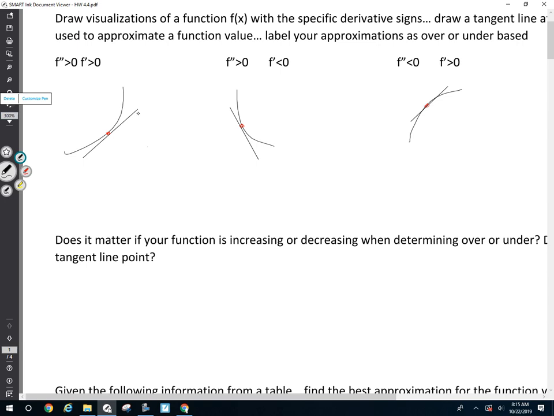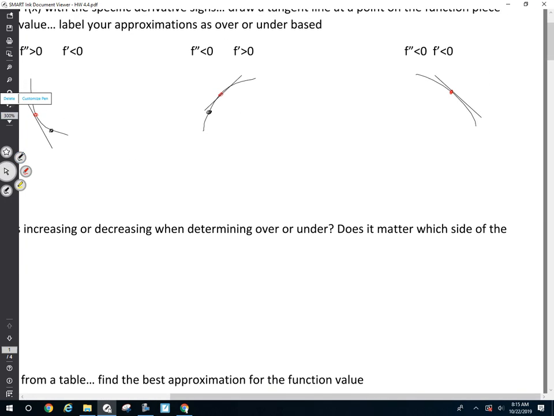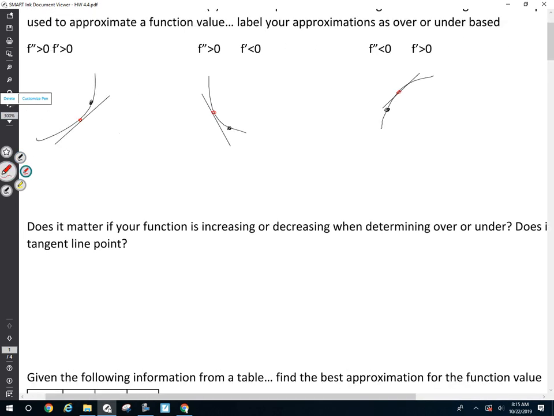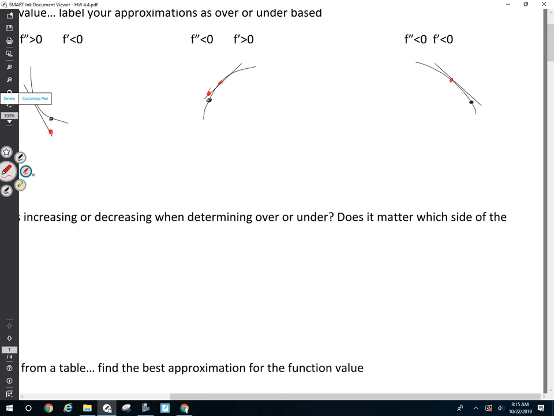So if I want to approximate points on the function, and I'm using the tangent line, first of all, I notice the tangent line is very close to the location of that point. These points on my tangent line would be what we would get as an approximation for the function value.